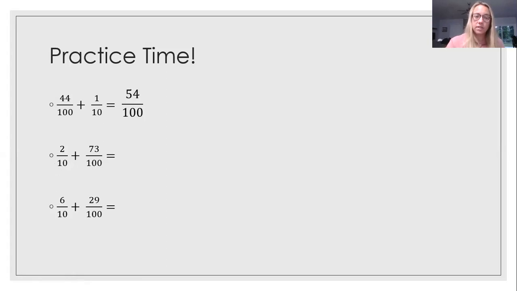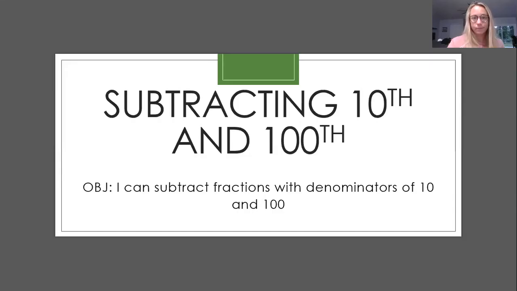So 20 hundredths plus 73 hundredths is going to be 93 hundredths. 6 tenths plus 29 hundredths, I would turn 6 tenths into 60 hundredths. 60 hundredths plus 29 hundredths is going to be 89 hundredths.